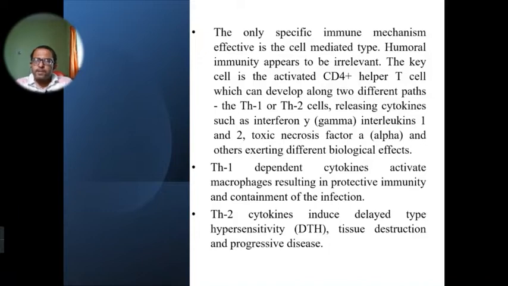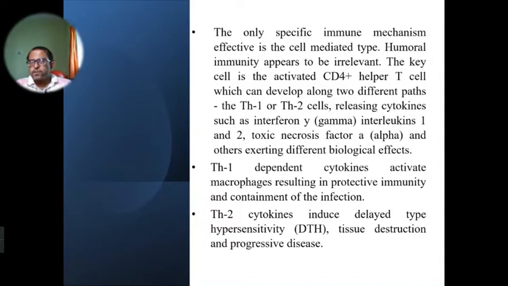The key cell activated in this response is the T helper cell, which has a specific surface receptor, the CD4 receptor, and which can develop along two different pathways, Th1 or Th2, which release cytokines such as interferon gamma, interleukin 1 and 2, and tumor necrosis factor alpha, exerting different biological effects.